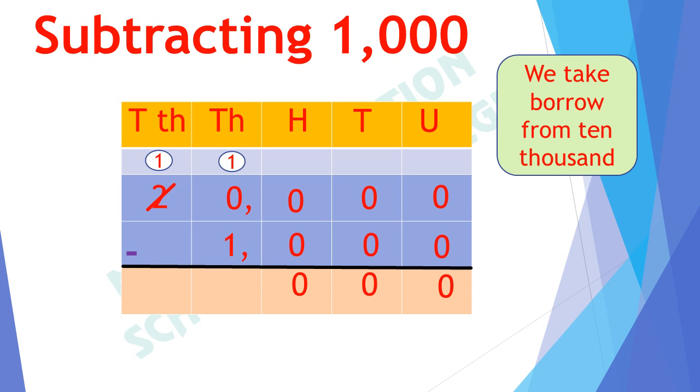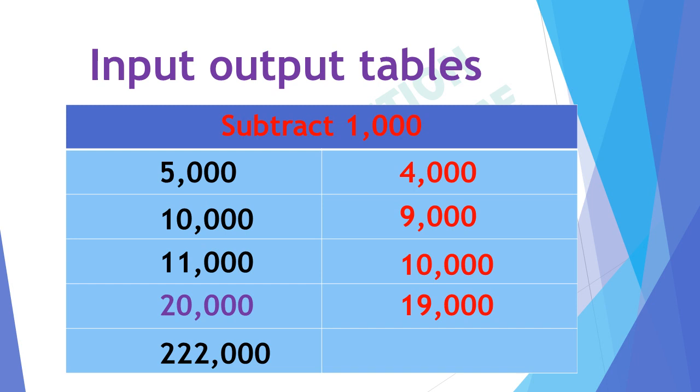If we subtract 1 from 10, we get 9. In the 10,000s column we have 1. We will write it as it is. It means from 20,000, if we subtract 1000, we get 19,000.